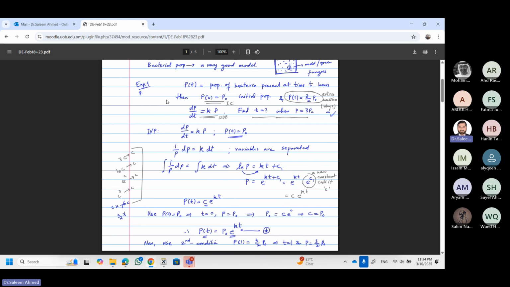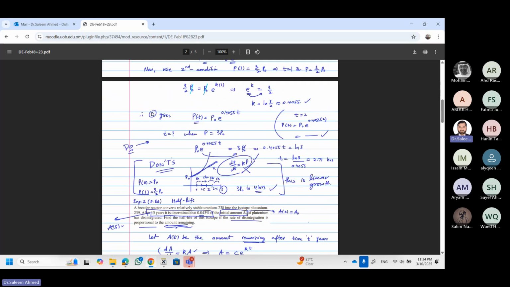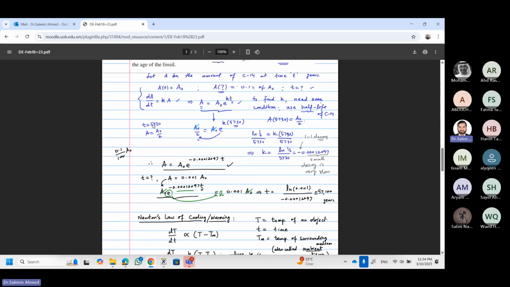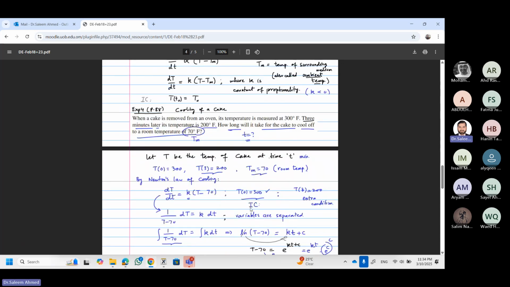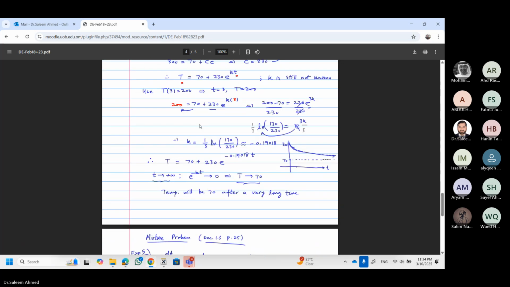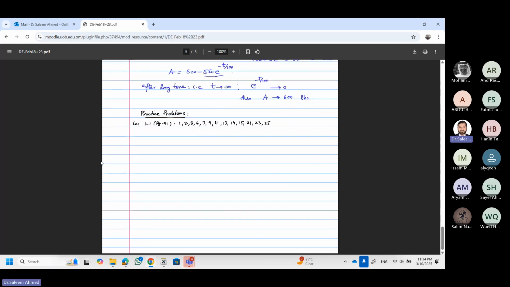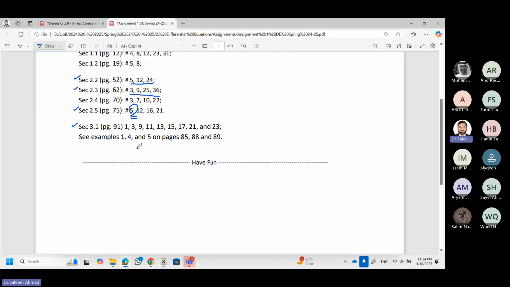So example one, population growth model. This is important. Leave this carbon dating. Cooling of a cake. This is a good one, right? So let me shortlist some problems for you in 3.1.